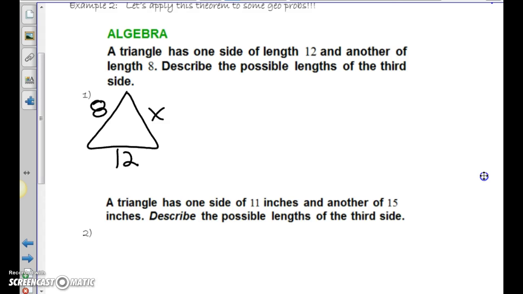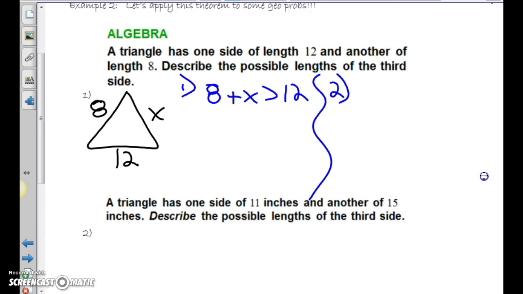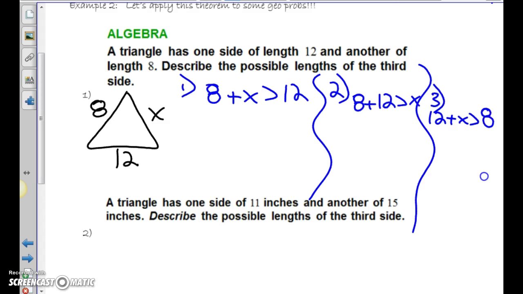So three ways this could hash out here. The first way, I could take 8 plus the side we don't know and say that has to be greater than 12. The next way, I could take 8 plus 12 has to be greater than the side we don't know. And lastly, I could take 12 plus the side I don't know has to be greater than x.